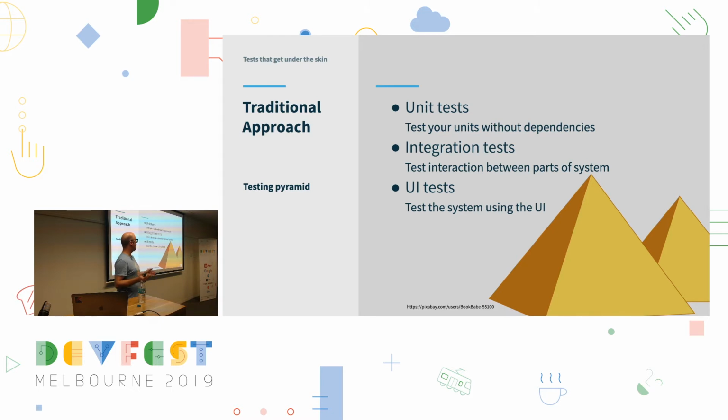You have unit tests, and those unit tests test your units without the dependencies, and we have integration tests that combine all the different units and parts of the system and test them in combination. And often in Android apps, we have a few UI tests that instrument the system using the UI and test that, right?